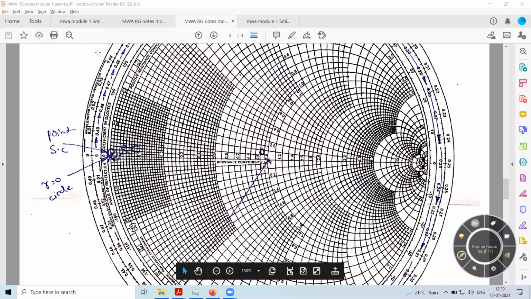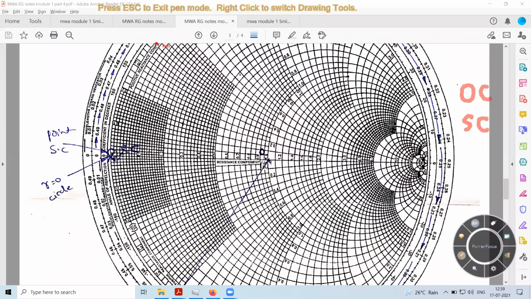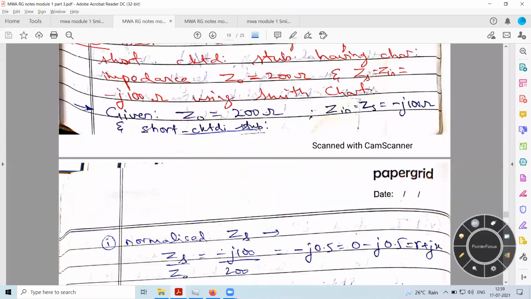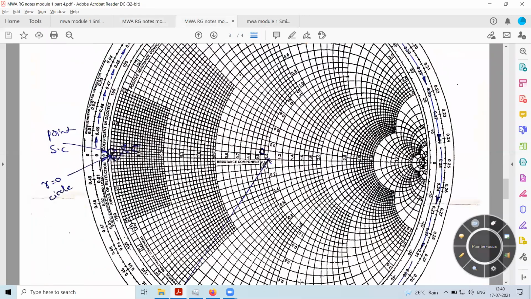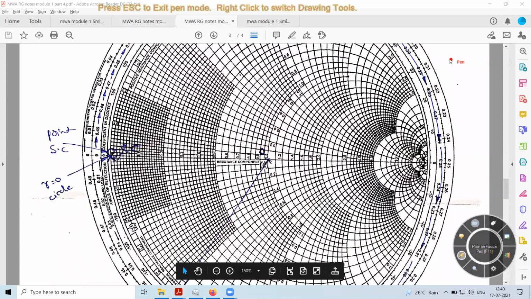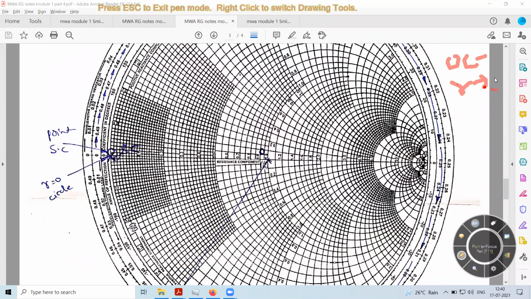Now on the Smith chart, we have two cases: one is associated with the open circuit and one with the short circuit. The problem specifies a short circuited condition. On the Smith chart, I get open circuit when R tends to infinity and short circuit when R is equal to 0.